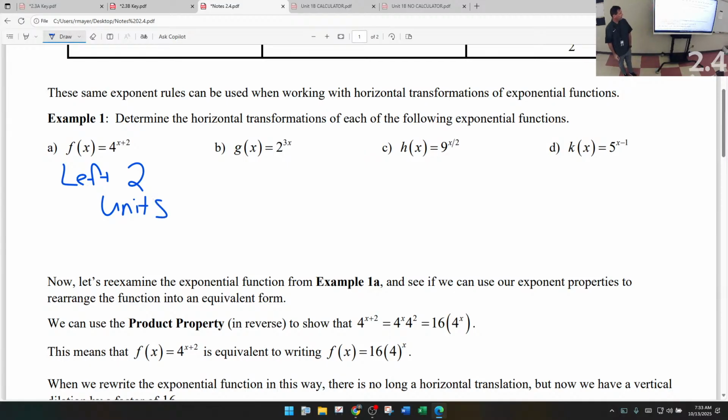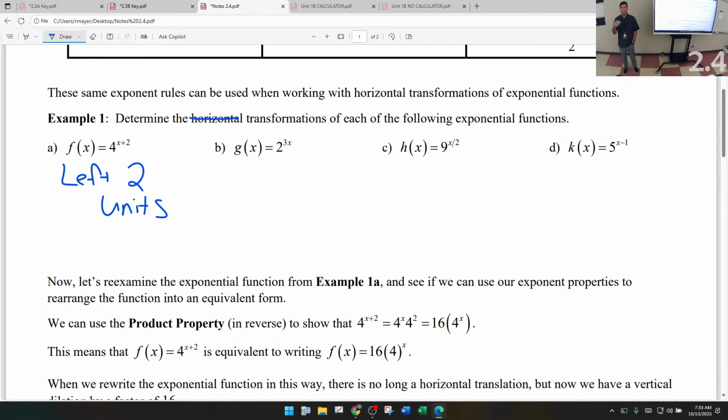Determine the horizontal transformations of each of the following exponentials. They shouldn't have to say horizontal. They should have just said determine the transformations. You guys should know that that's horizontal because it's with the x. So left 2 units. That one's with the x, and it's a 3, so we multiply it by 3, but remember if it's with the x, it does the opposite of what we think.